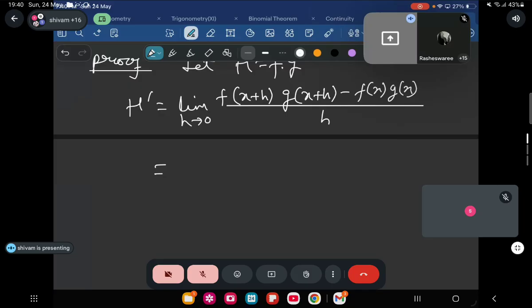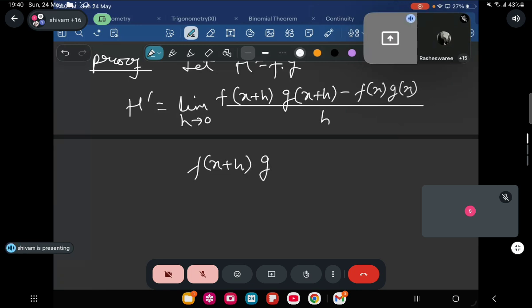So this will become. What I'm going to do is factorize the numerator. I'm going to add and subtract some terms so that I can factorize. F of x plus h into g of x plus h. I'm going to add and subtract, so that I get f of x plus h minus f of x.